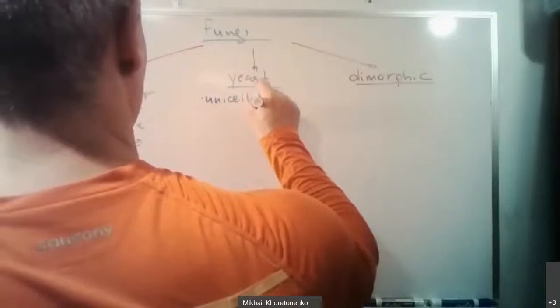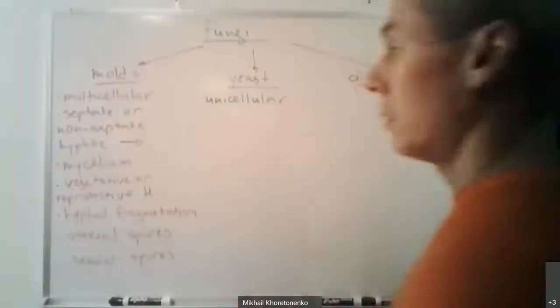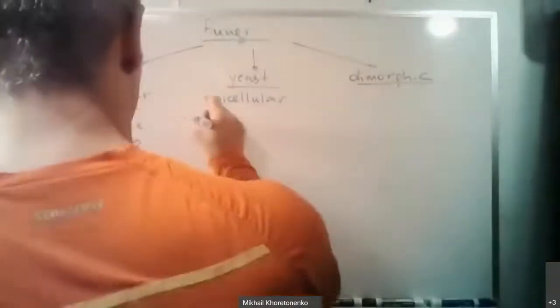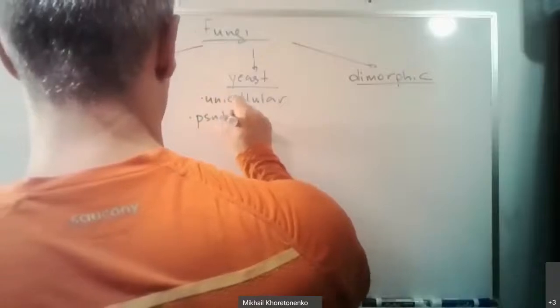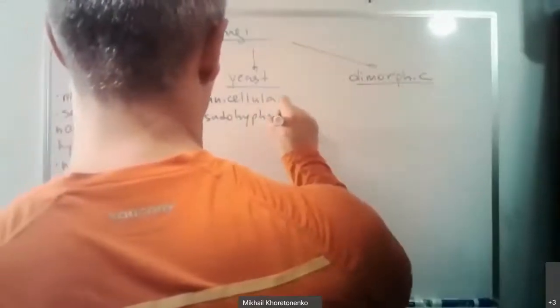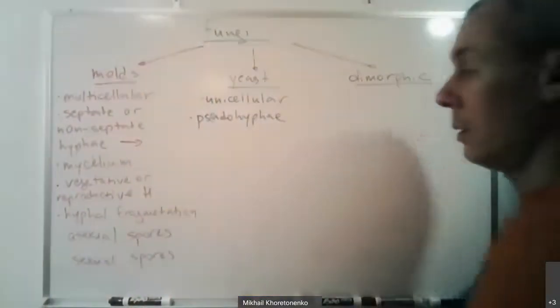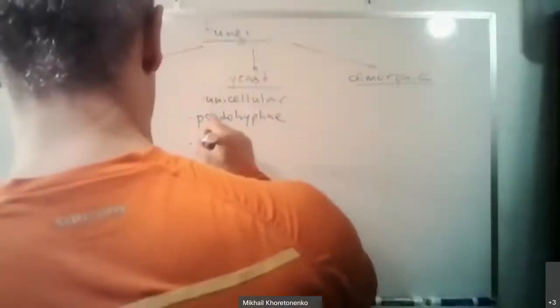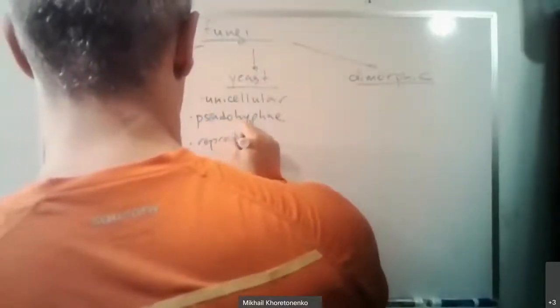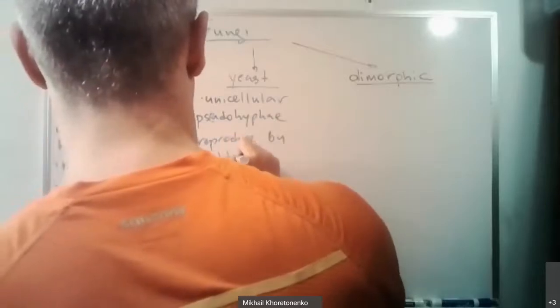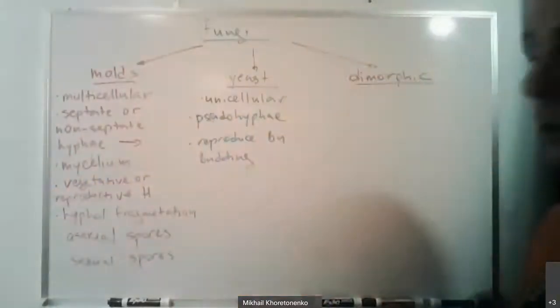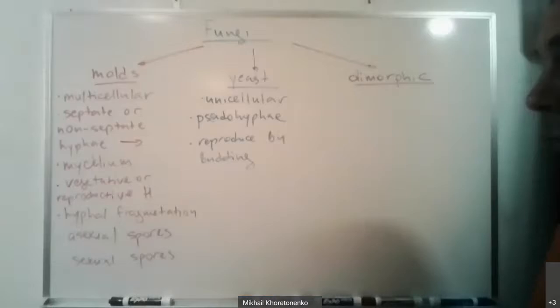Yeast are unicellular fungi that can form, however, pseudohyphae. So what is pseudohyphae? Pseudohyphae. So yeasts can reproduce by budding, which is essentially an example of mitosis.